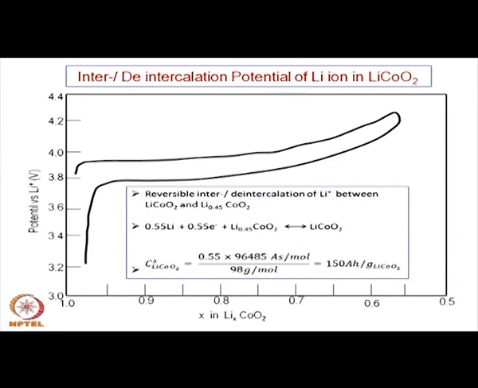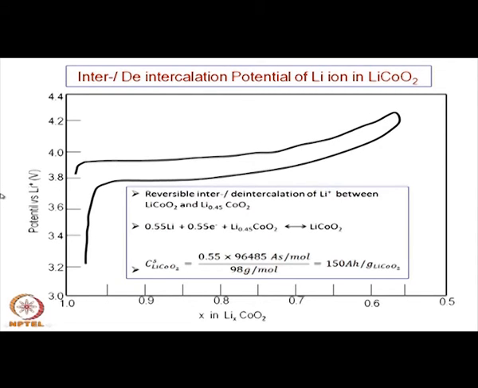One can calculate what will be the theoretical density, and by a kind of cyclic voltammetry experiment, an electrochemical experiment, this is the potential versus lithium ion. Without going into the details, this is a typical intercalation curve.